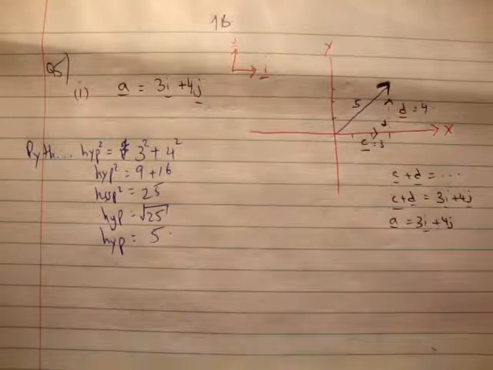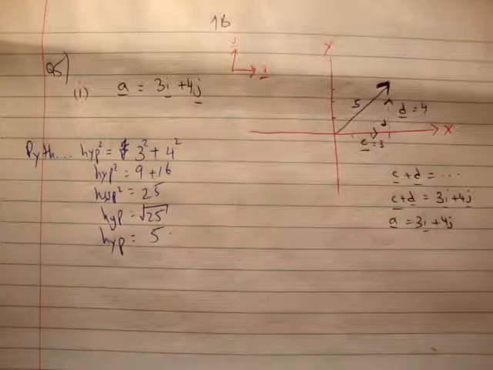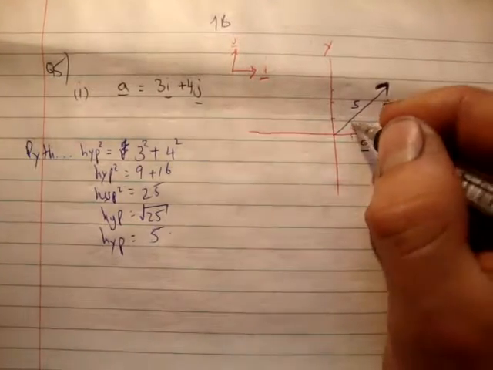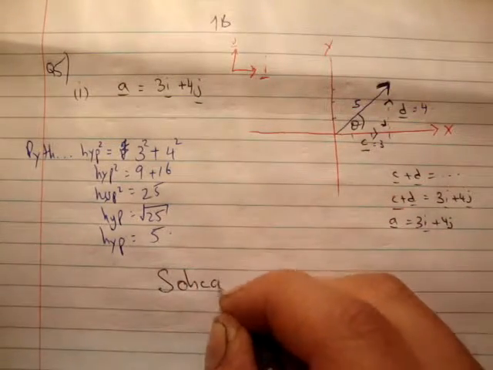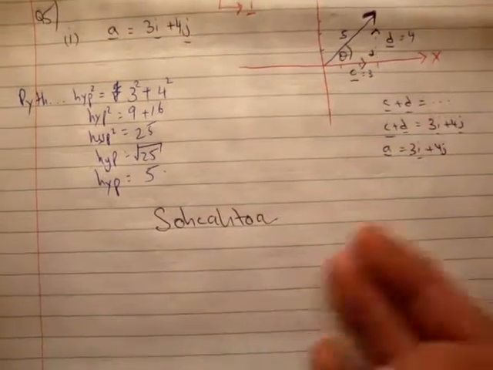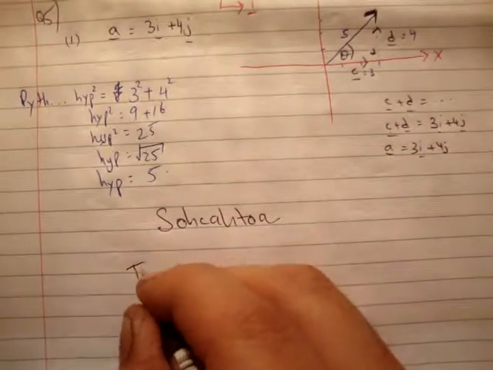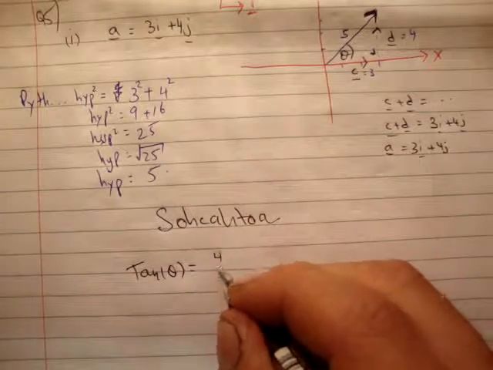Okay, so it says find unit vectors in the same direction. If you're looking at what direction, you've got to find the angle at which these vectors are. So I'm going to find this angle theta here. We could use a multitude of things, but this time I'm going to go for tan theta is equal to opposite over adjacent, which is 4 over 3.